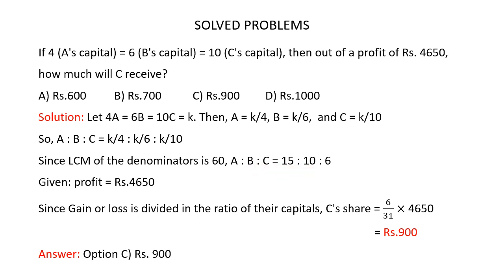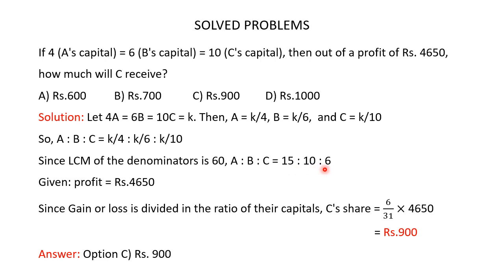Now it's given that the profit is rupees 4,650. We know that gain or loss is divided in the ratio of their capitals. So 4,650 rupees is divided among A, B and C in the ratio of 15 is to 10 is to 6. Now the sum of the terms of this ratio is 15 plus 10 plus 6, which is 31. Now we are asked to find how much C receives.